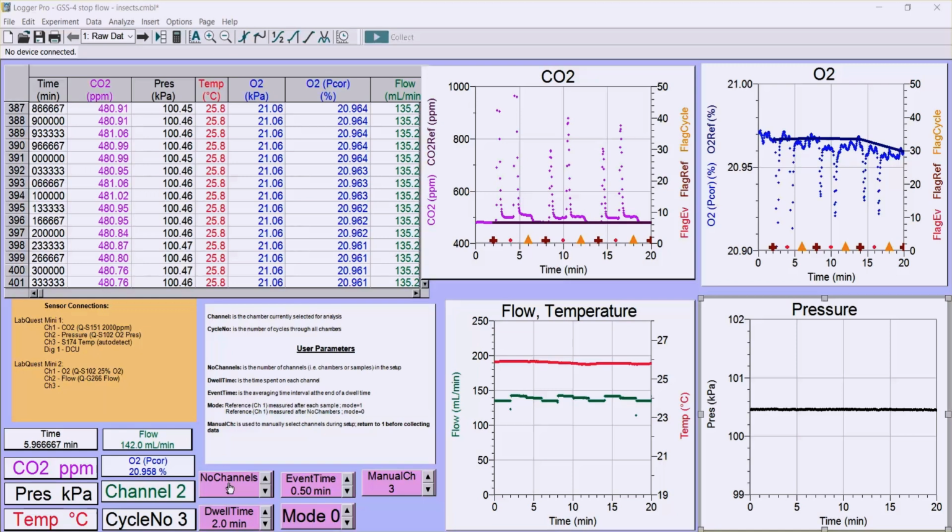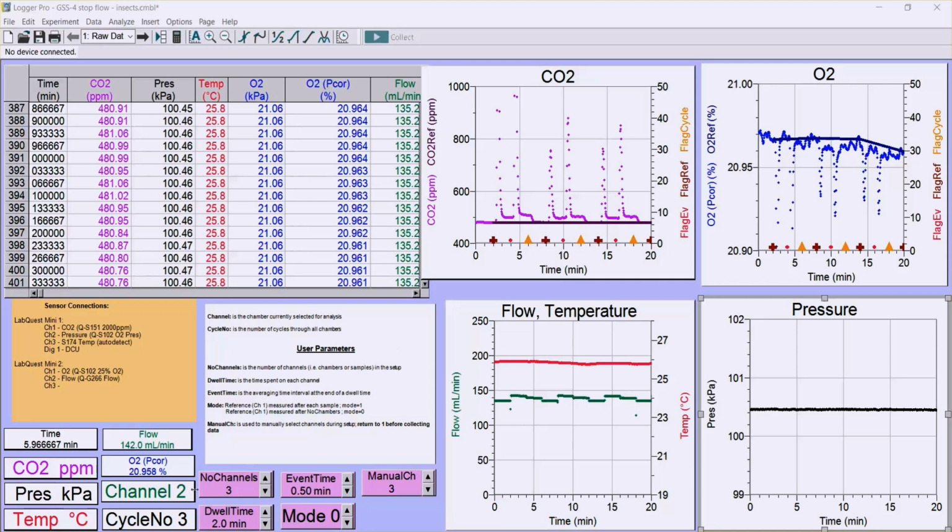The S159 CO2/O2 analyzer that was used had a CO2 analyzer in the range of 0 to 2,000 parts per million. And we used 2 small squash bug nymphs per chamber in channels 2 and 3, and channel 1 was our reference, of course. It had no chamber, just the solenoid valve assembly by itself.